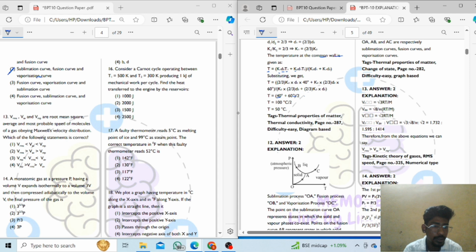Substituting the values, what you will get in case of W?